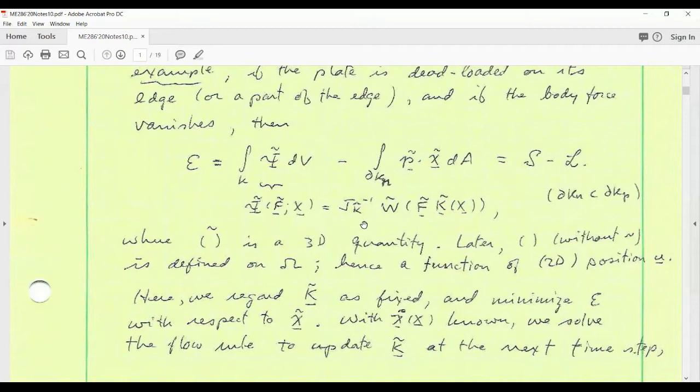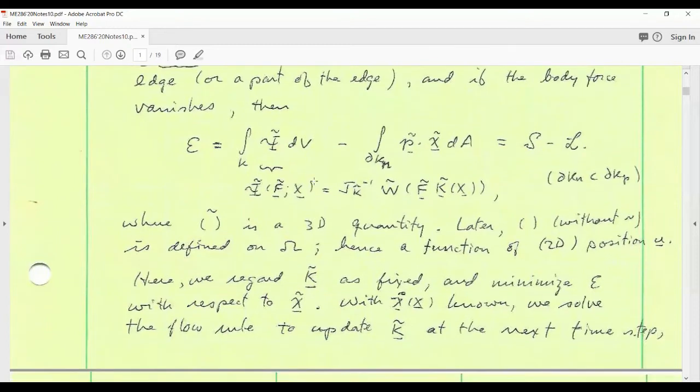Okay. So just to get things started, I'll use a tilde for three-dimensional quantities, which is what we start with, and then later on for the restriction of those quantities to the midplane, where z equals 0, those quantities become functions only of 2D position u, and I'll drop the tilde notation at that point.